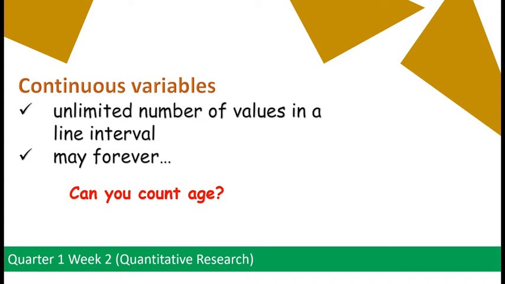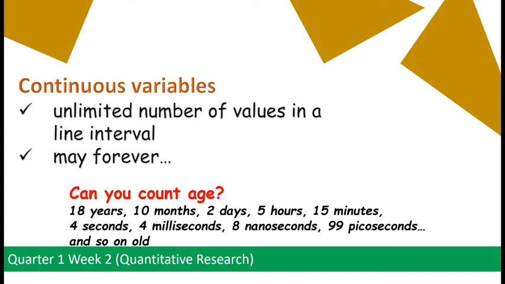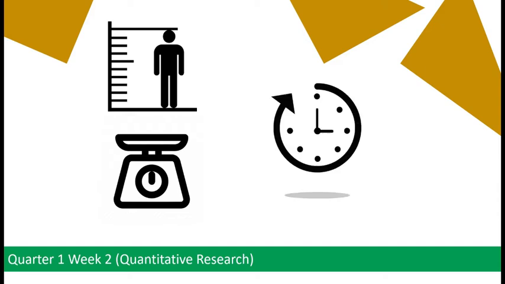For example, you could be 18 years, 10 months, 2 days, 5 hours, 15 minutes, 4 seconds, 4 milliseconds, 8 nanoseconds, 99 picoseconds, and so on old. Well, at least, my forever. Diba? Other examples of continuous variables are length, weight, and time.